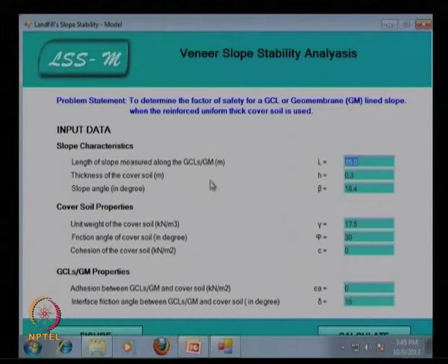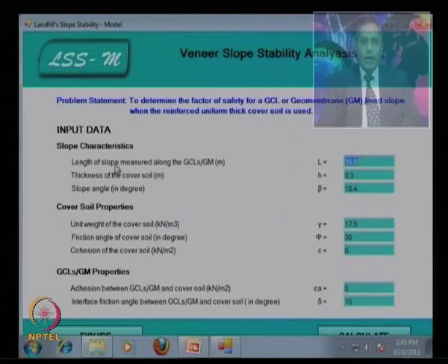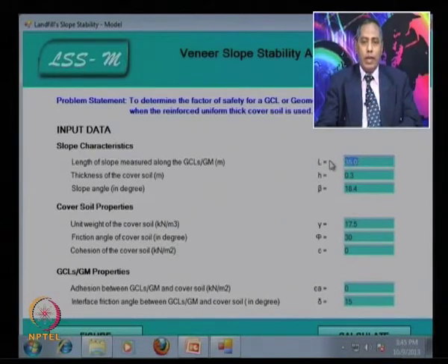So, we are keeping almost the same slope characteristic values, that is the length of the slope, the height, the thickness of the cover soil, and the friction angle.